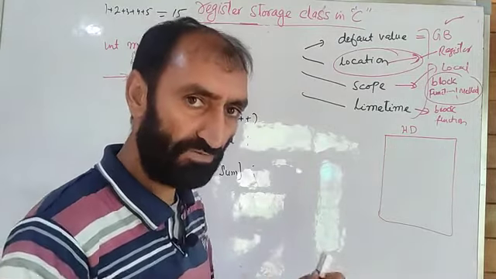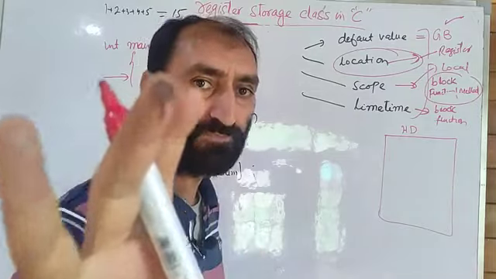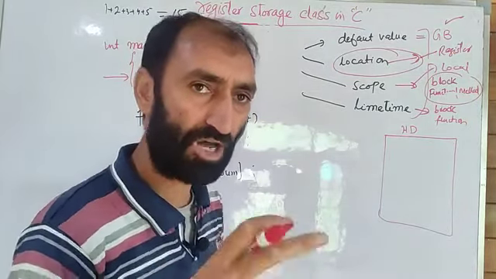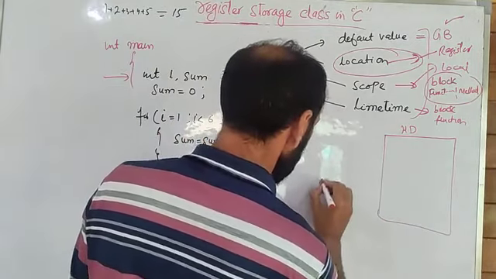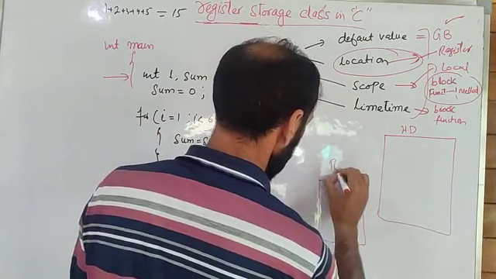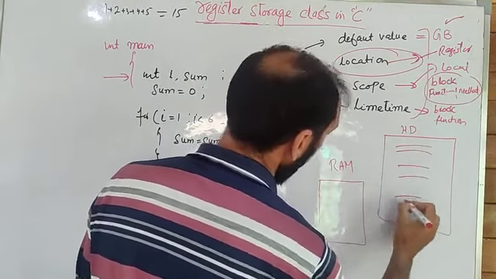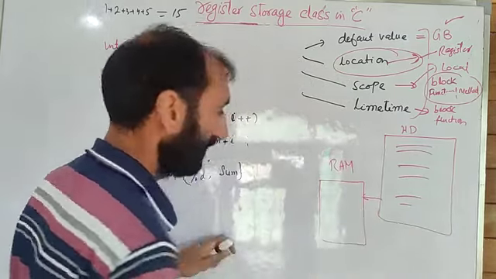And when we want to execute it, we know that execution of any program takes place in the primary memory. That means in order to execute a program, we have to load it in the primary memory. For example, this is our RAM, this is our program in hard disk. In order to execute it, we have to load it in the RAM.